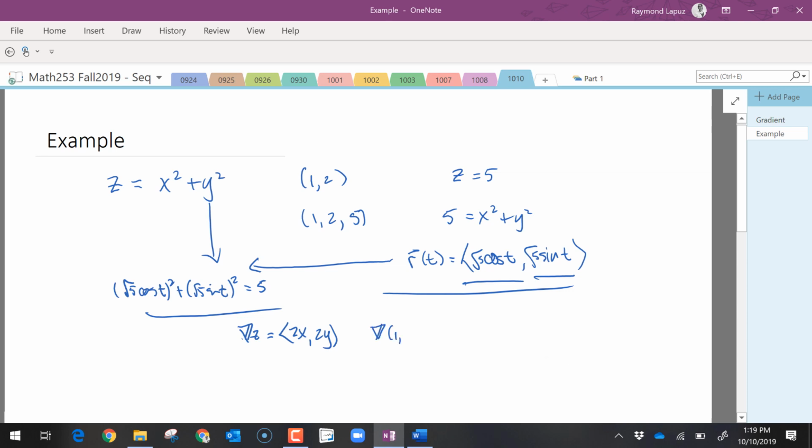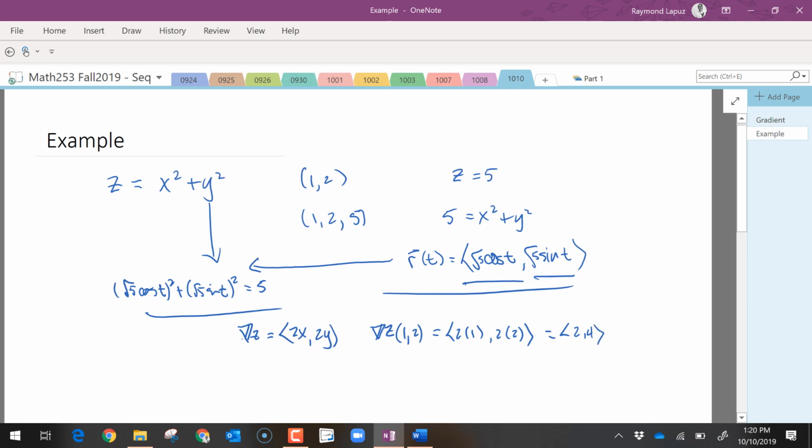1, 2, we put 1 in for x, and we put 2 in for y, we're going to get what? 2, 4, right?